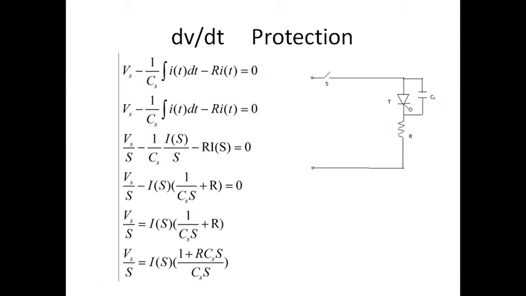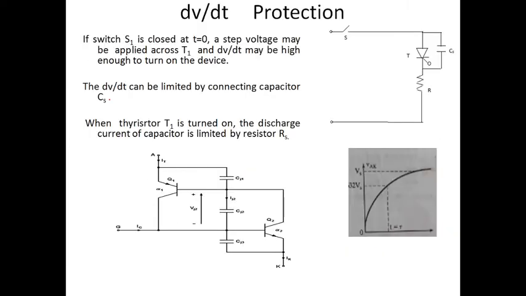Okay, so we need to protect our SCR using a capacitor. Simply put, we are changing a rapidly rising voltage to a slowly rising voltage. You can see here, assume that you are applying a voltage like this.